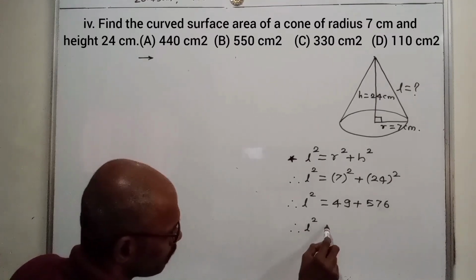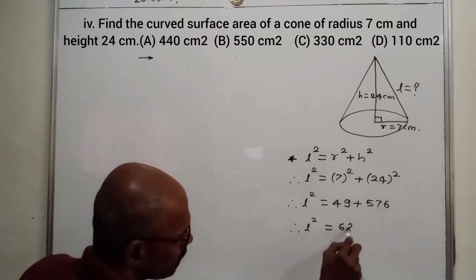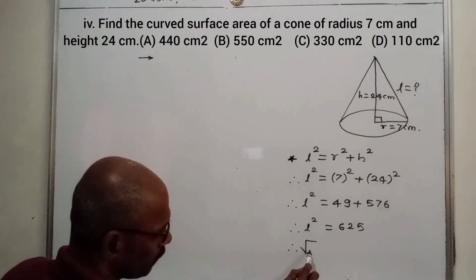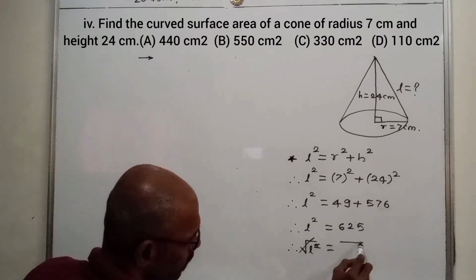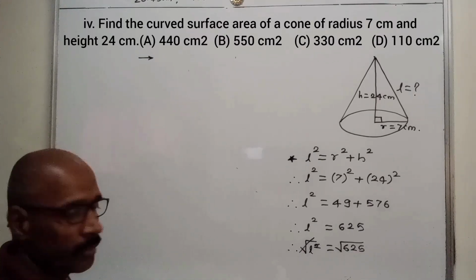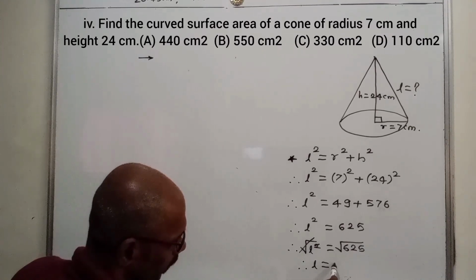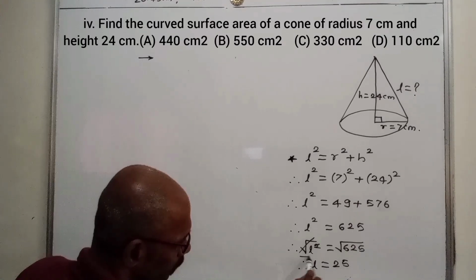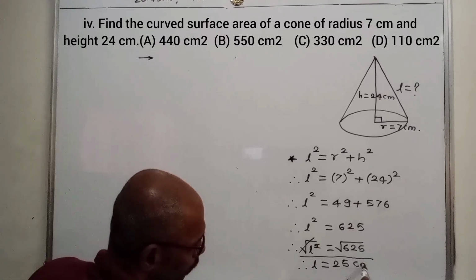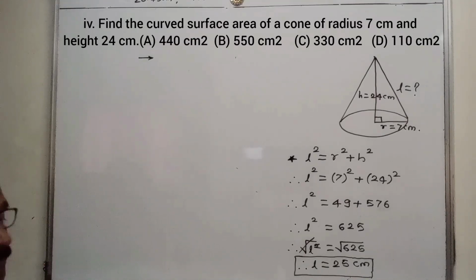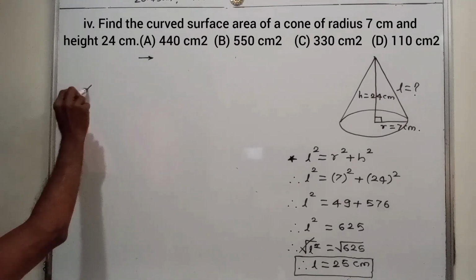Therefore, L square is equal to 625. Taking square roots of both the sides, square root and square cancelled, L is equal to square root of 625. Therefore, slant height L is equal to 25 centimeter. This is our first answer. Then important answer.